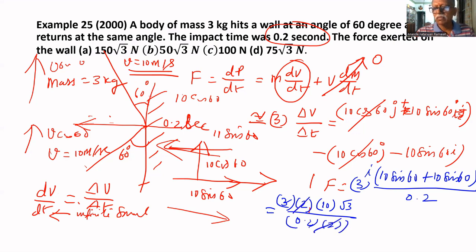The 2 gets cancelled. Root 3 multiplied by 3 multiplied by 10 equals 50, and 3 times 50 is 150. That is equal to 150 root 3. Therefore, A is the answer.